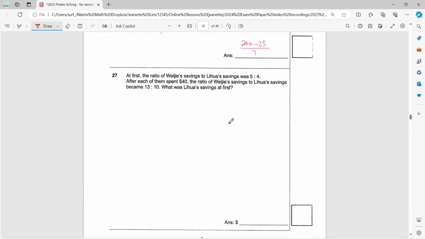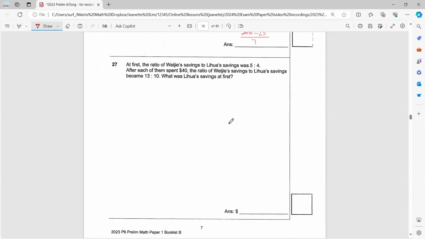Question 27. At first, the ratio of Wei Jie's savings to Li Hua's savings was 5:4. After each of them spent $40, the ratio of Wei Jie's savings to Li Hua's savings became 13:10. What was Li Hua's savings at first? Okay, let's do before and after.